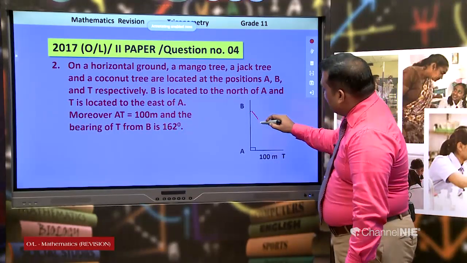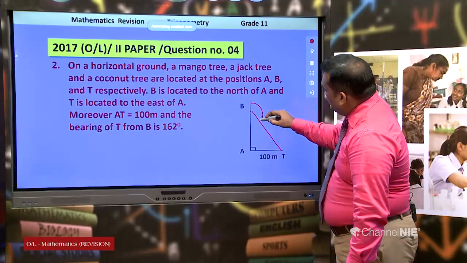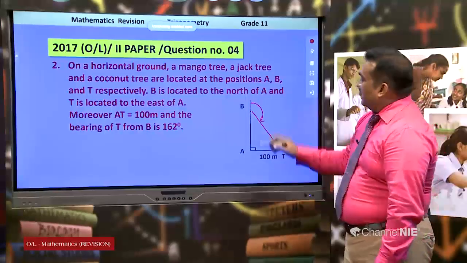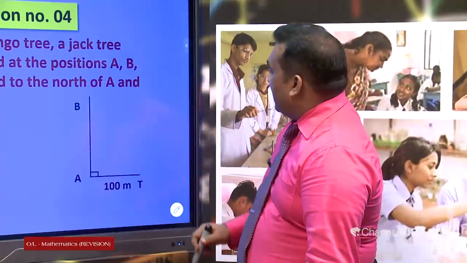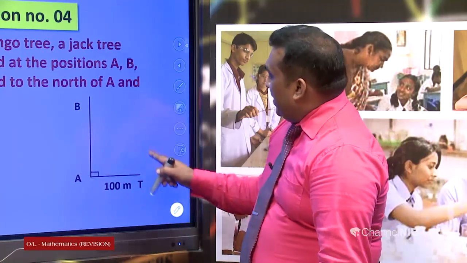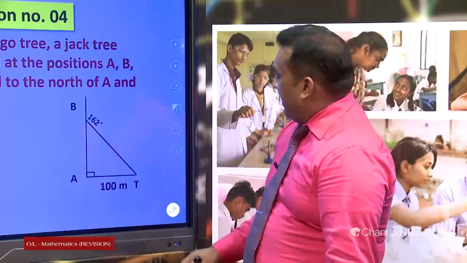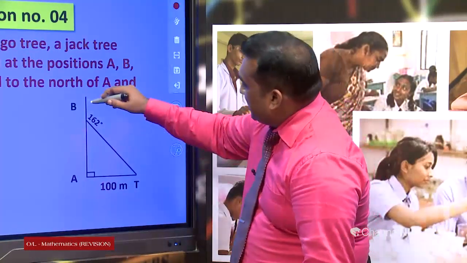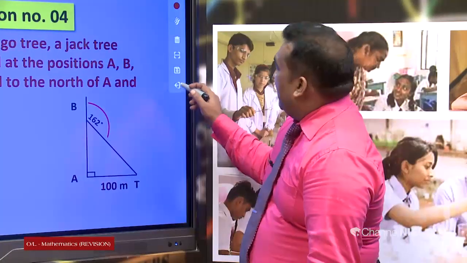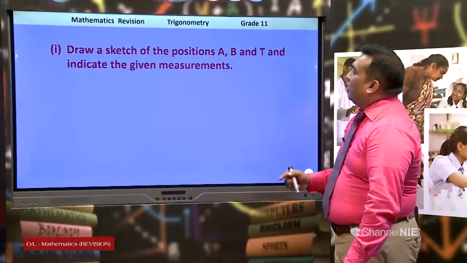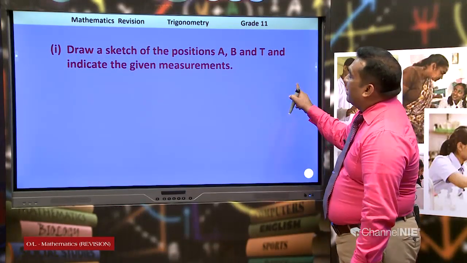Bearing means the angle from north in the clockwise direction. Now, draw a sketch of the positions A, B and T and indicate the given measurements.